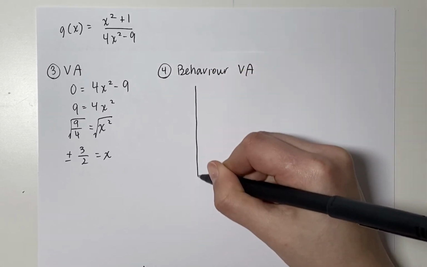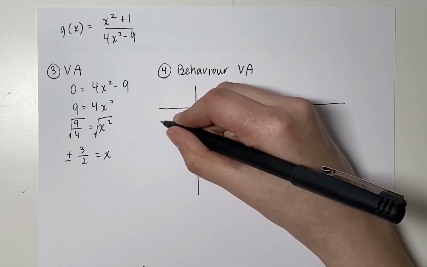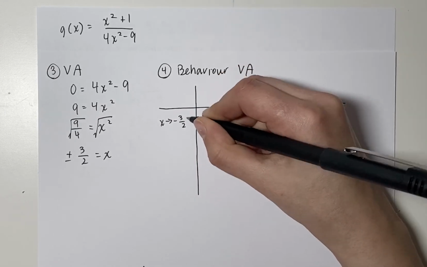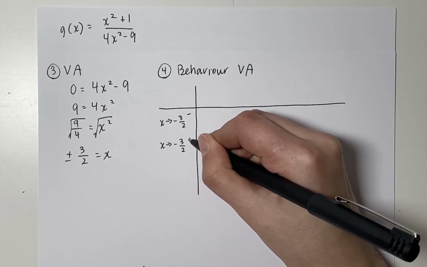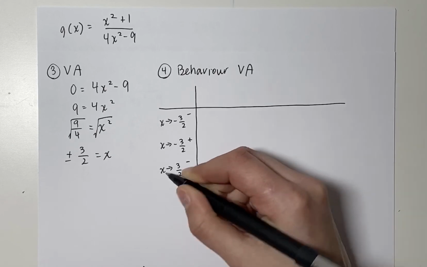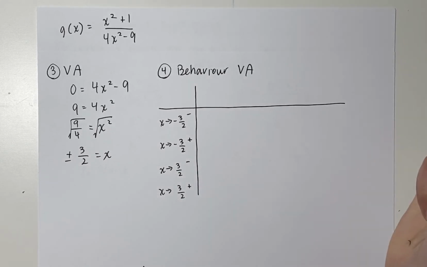So we need to draw our interval table. First, we're going to find as x approaches negative 3 over 2 from the negative side, x approaches negative 3 over 2 from the positive side, x approaches 3 over 2 from the negative side, and then x approaches 3 over 2 from the positive side.